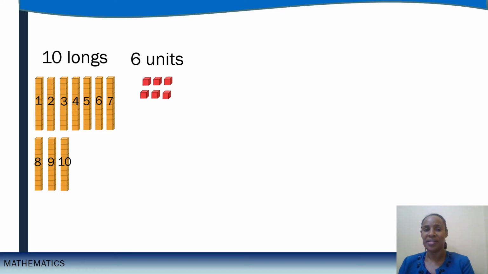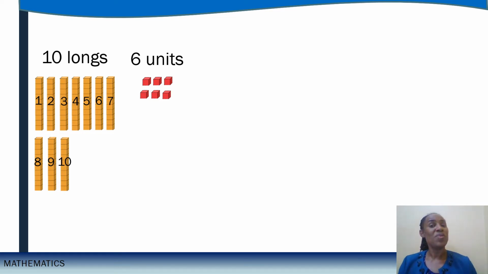Boys and girls, how are you going to find out? Great! If you said we could look to see if we could rename any of the blocks, that is excellent. Now look carefully. Do you think we can rename any of the blocks here? Great, boys and girls. If you said we could rename the longs, that's excellent.